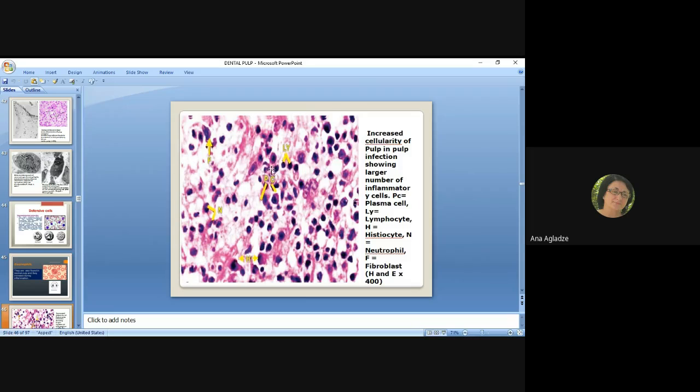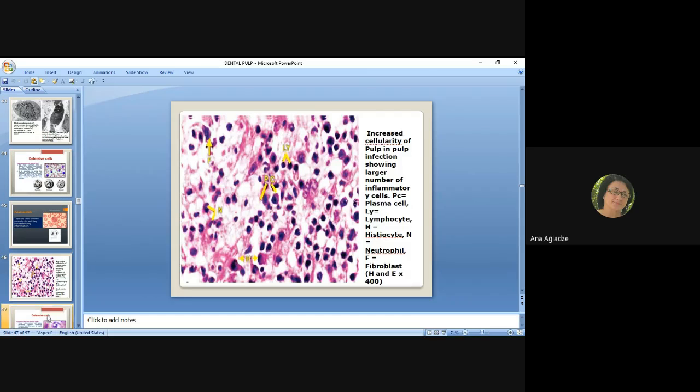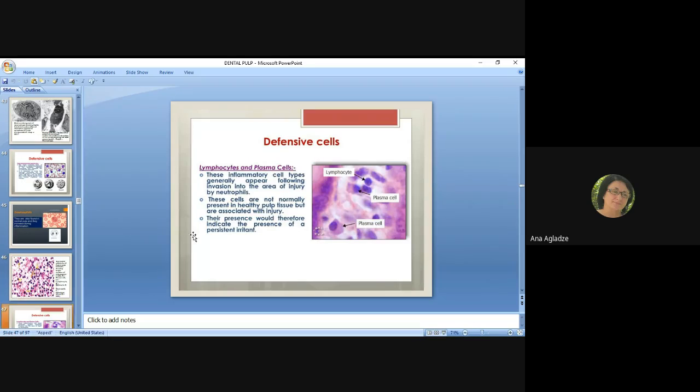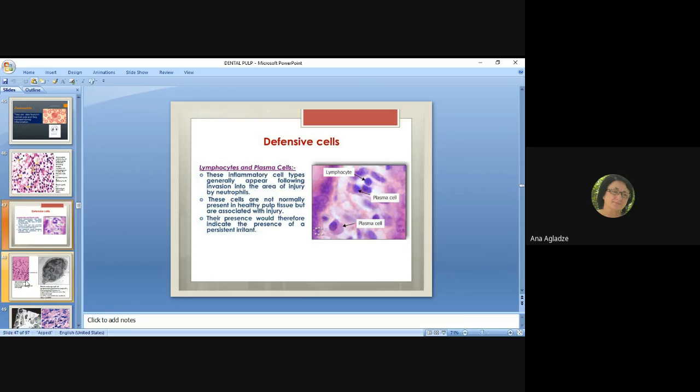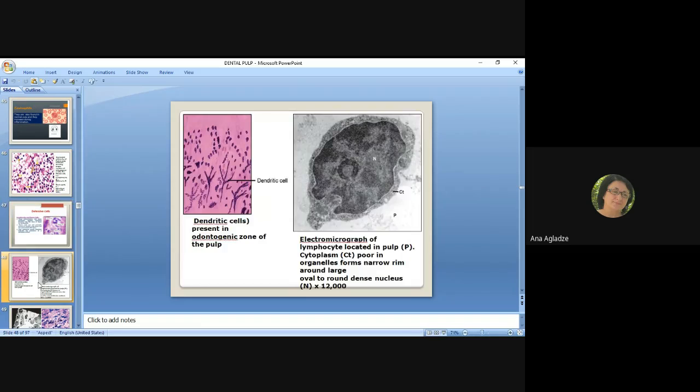You can see here lymphocytes, these very dark and compact cells, and also you can see here plasma cells. Yes, these are lymphocytes. Maybe there are other defensive cells.